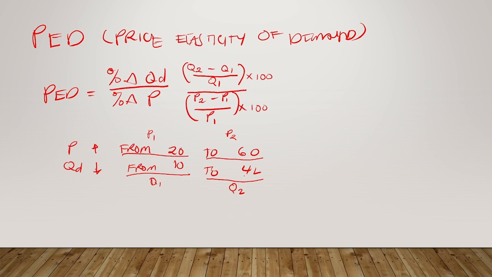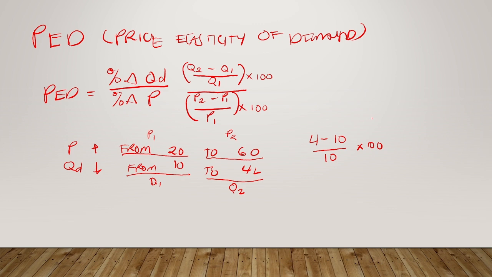Please use your calculator if you have one on your side. I have mine here. Let's start with the QD. Q2 is 4 minus Q1 which is 10, over Q1, 10, times 100.